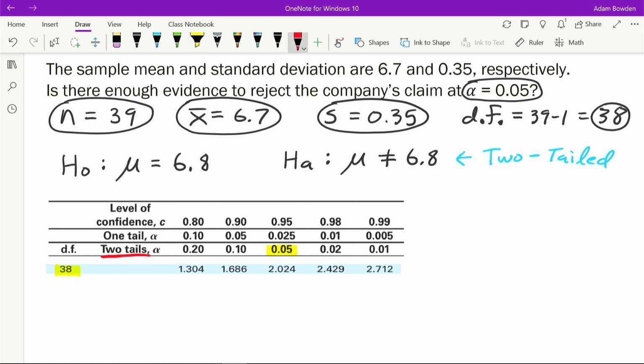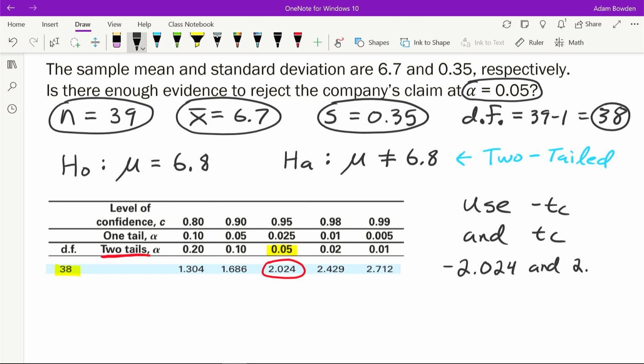So our critical numbers are coming from this 2.024. Since it's two-tailed, we're going to use both negative and positive values for the critical values here. So we need to use negative 2.024 and positive 2.024.